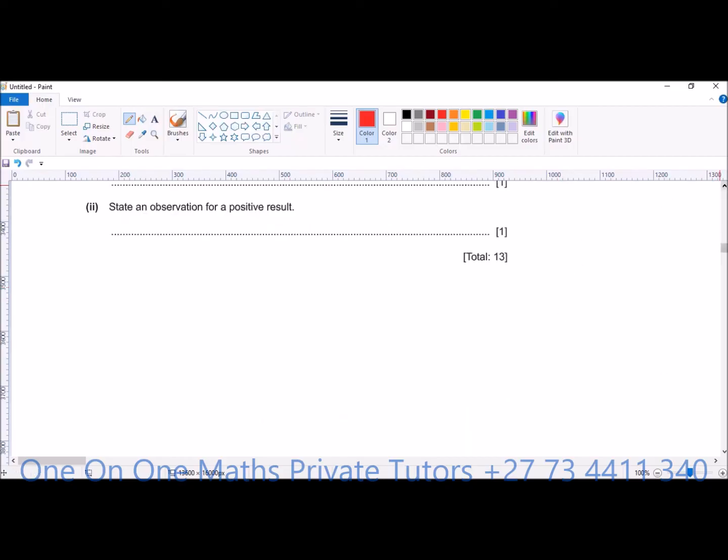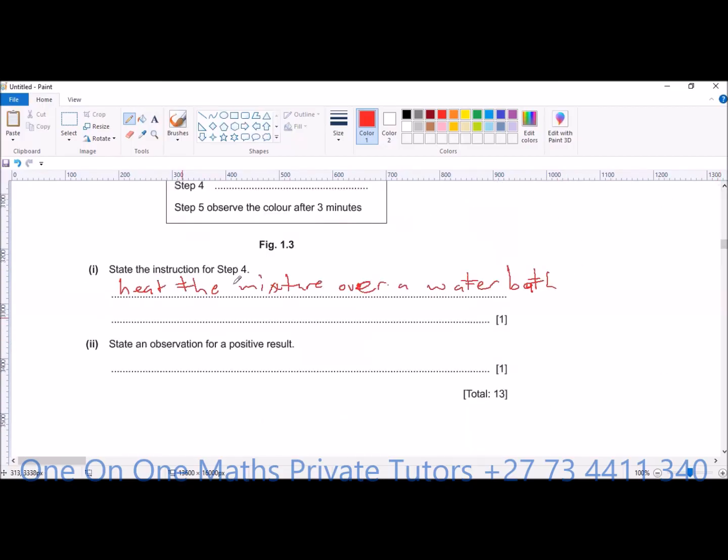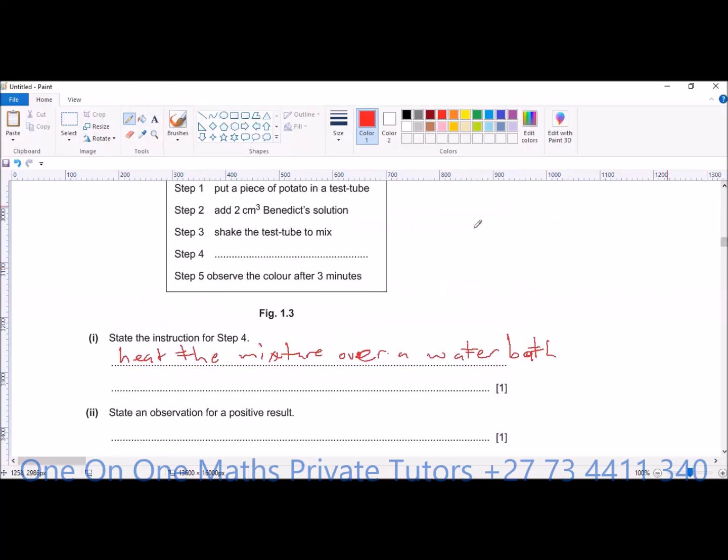All right. Heat the mixture over a water bath. So when doing Benedict's test, after shaking the test tube, you heat it over a water bath, then observe the color change.